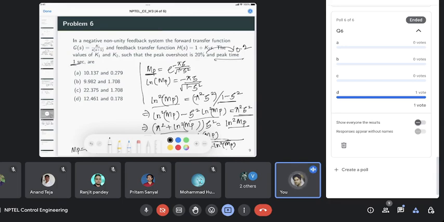Your peak time is pi over omega n times the square root of 1 minus zeta square, which is given as 1 second. Again you have the zeta value, so you can simplify this for omega n. It is simple calculation, something like pi by this, 3.53. You can just verify them.